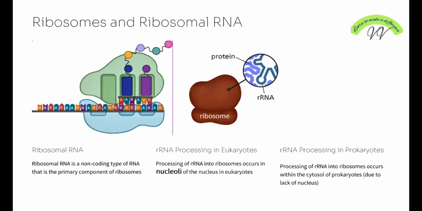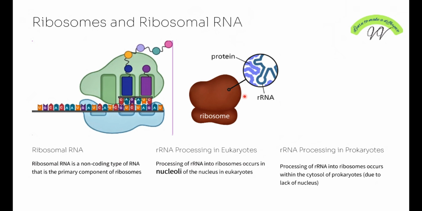Coming on to the ribosomes and the ribosomal RNAs. There are many RNAs. First of these is the ribosomal RNA, also known as rRNA. This ribosomal RNA along with proteins forms the framework of the ribosomes.